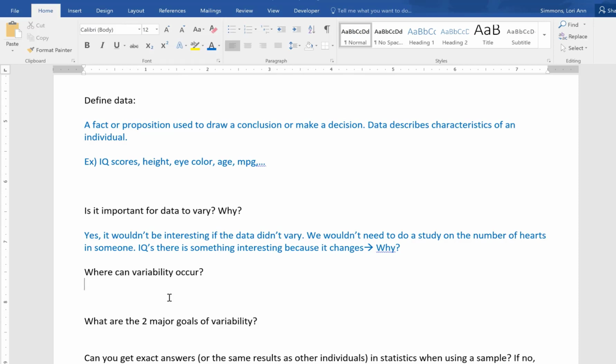So then the next part is, where can variability occur? Well, it can occur within a group, or within an individual. So think of how much sleep you got last night. So you may say 8 hours, and then I would ask, how much did you get the night before? And you would say maybe 6.